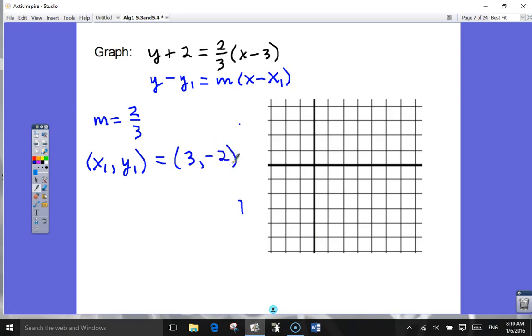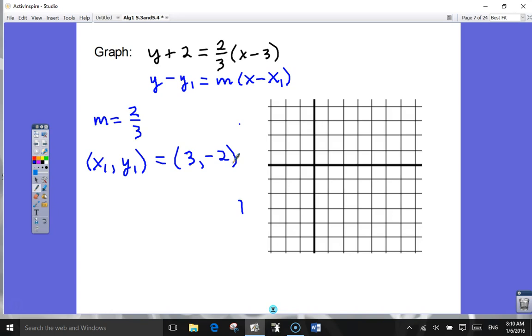Right? Just imagine that you were given these two things and you had to put them into the equation, right? Y minus negative 2 is y plus 2. X minus 3 is x minus 3. So you may have to think of it like it's an opposite sense. Whatever you see in the parentheses, it's the opposite of that because of those minus signs.